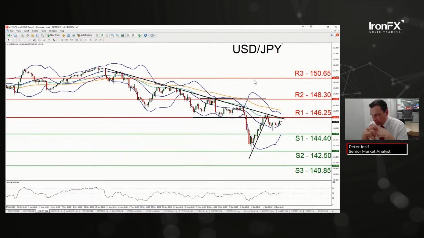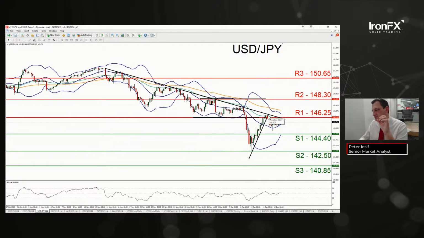Now, on a technical level, we tend to note the possibility of a stabilization, and we're basing this practically on 3 issues. A, we have the past price action, which has failed to make a lower trough than this one. And that may imply some weakness on behalf of the bears.